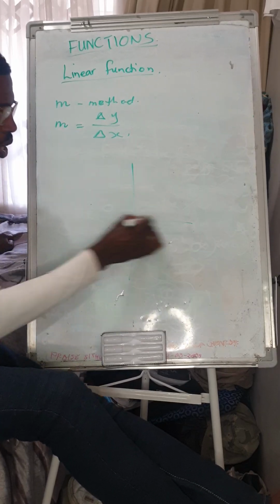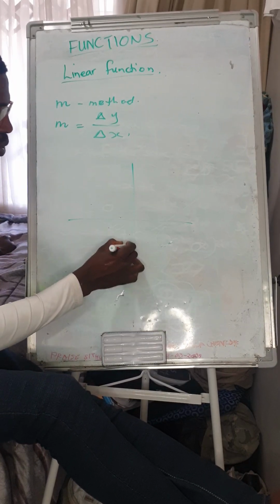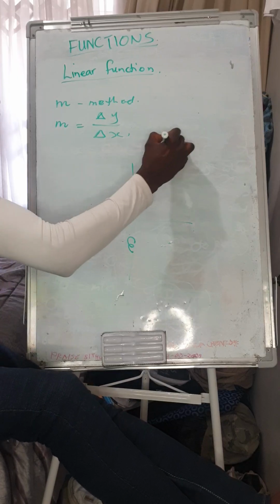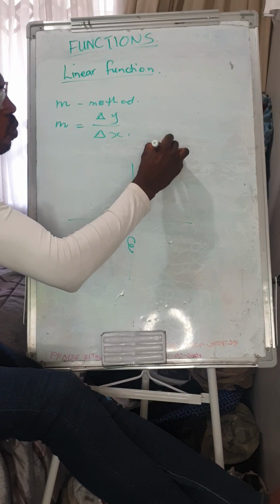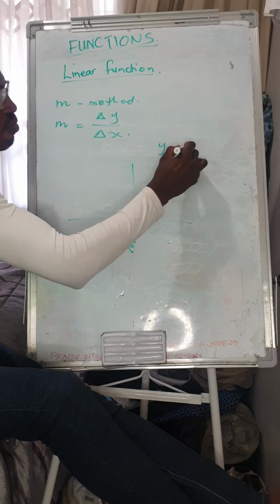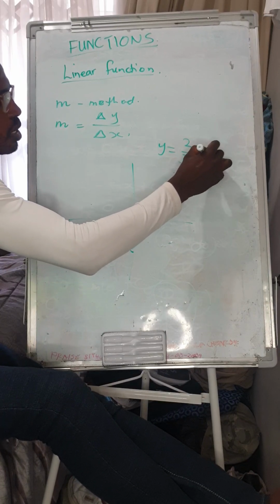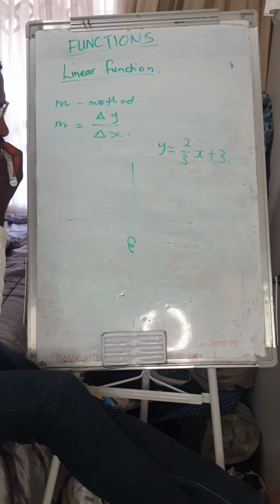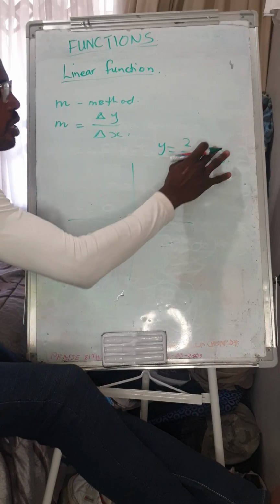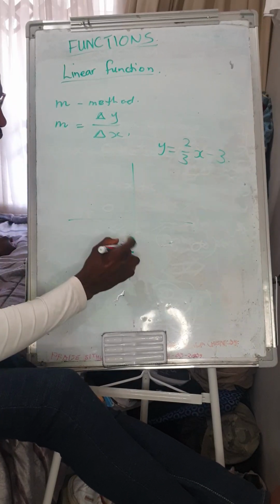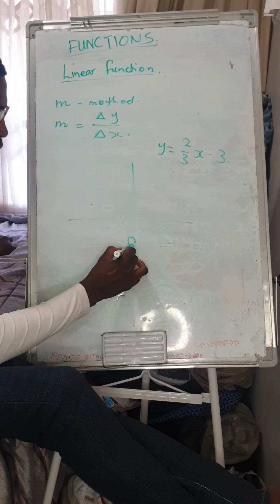So what I do, maybe I'm here, I'll say 1, 2. Suppose y equals 2 over 3 x plus 3, whatever. Let me say minus 3, because I'm already here. I'm here at minus 3.